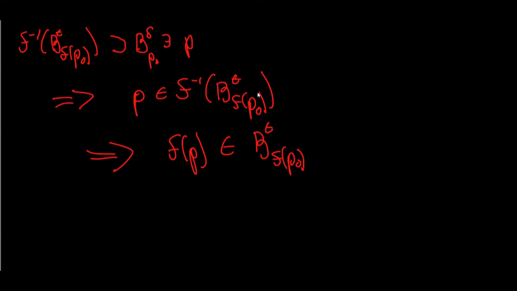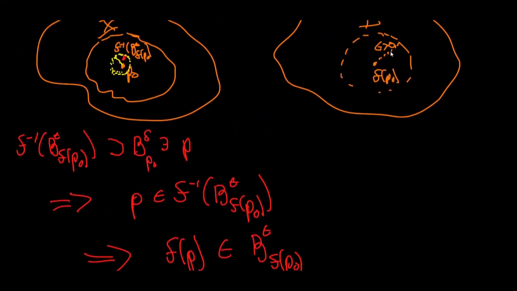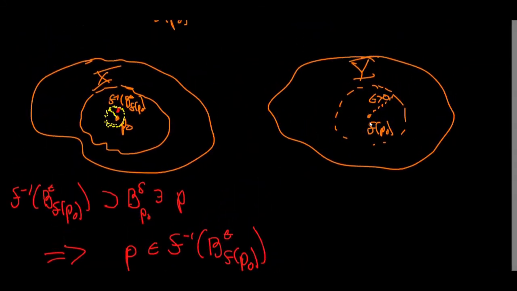So what we just proved here is that given any epsilon strictly greater than 0, that is to say, given any radius of an open ball centered at f of P naught, for any P naught in X, because the P naught that we chose was just an arbitrary P naught in X, there exists a radius delta such that the open ball centered at P naught and radius delta, the image of all the points in this open ball, also lie in the open ball of radius epsilon and center f of P naught.